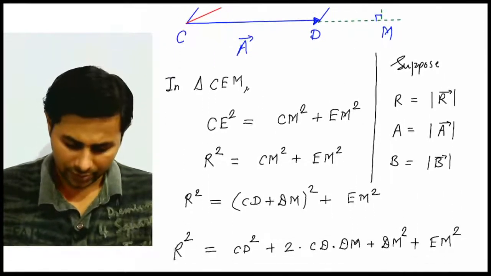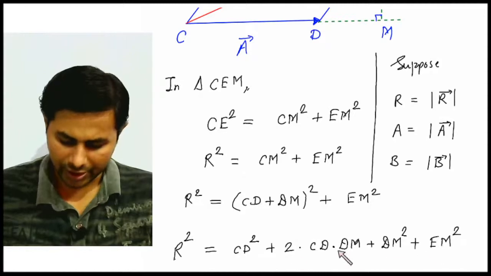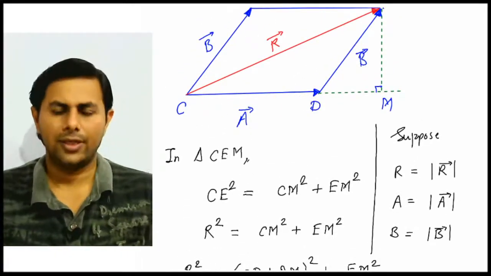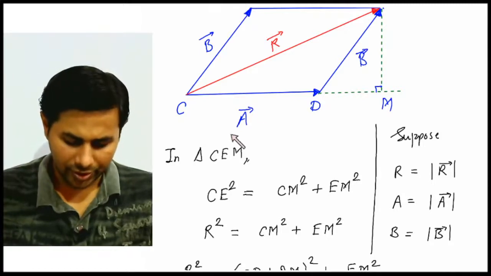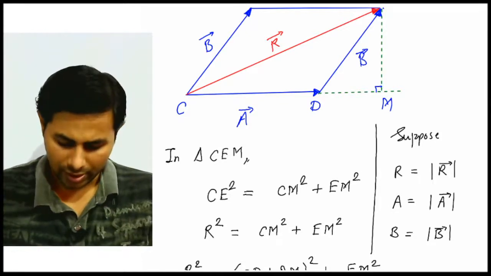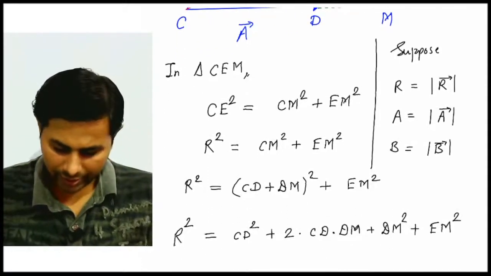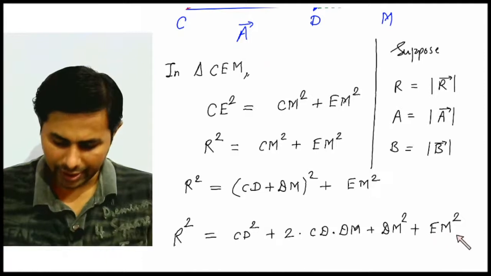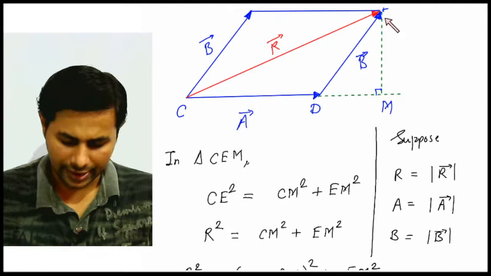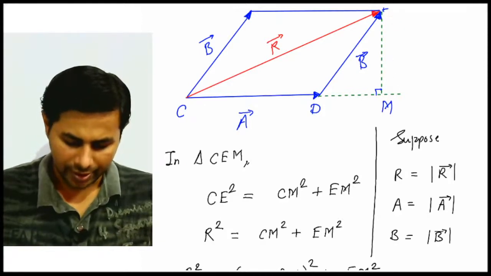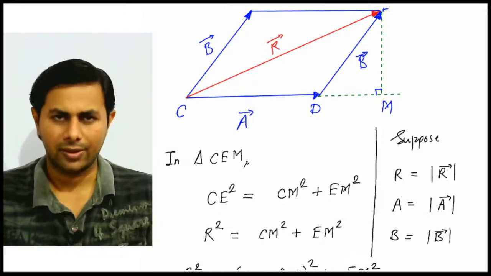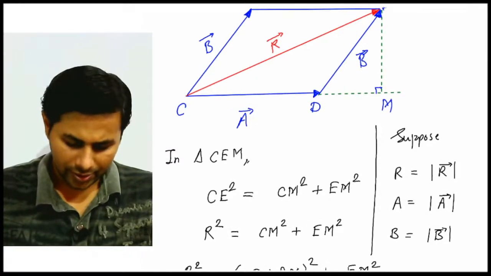Now we got this equation. So what is CD? CD is magnitude of this vector A bar, so it is A. Now we have DM and EM, so we have to represent the lengths of these sides DM and EM in terms of this other vector B bar.